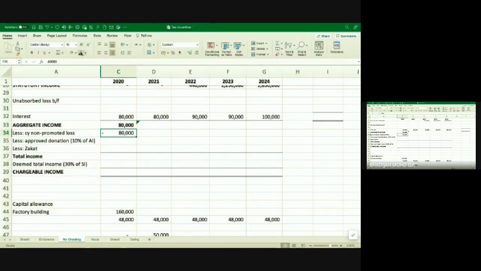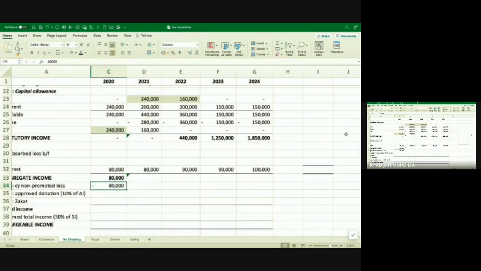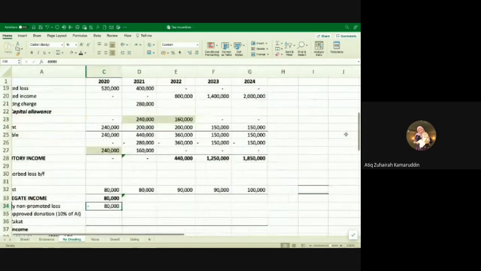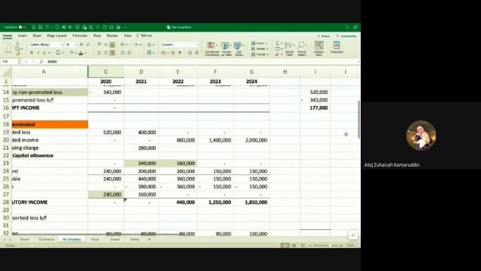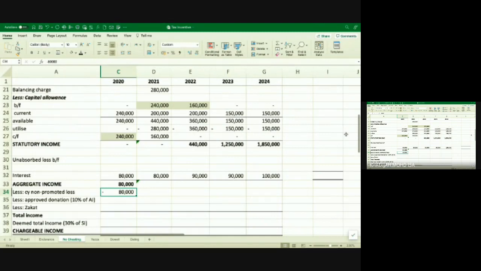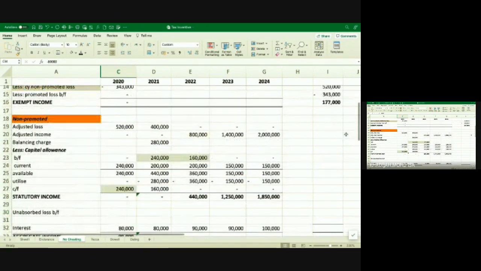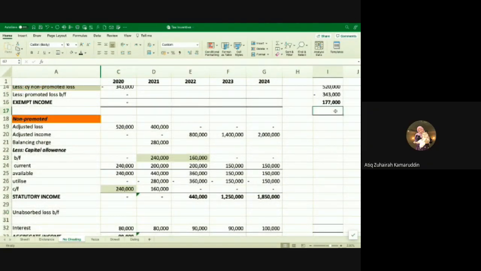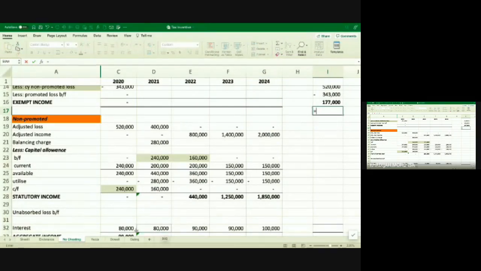So what happened to the balance? Carry forward to the next year. So how much is carried forward? 97. You used 80,000 just now, right?